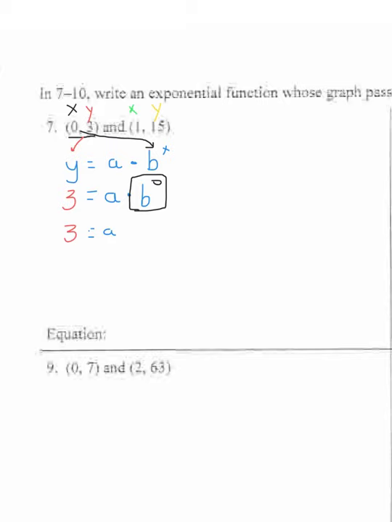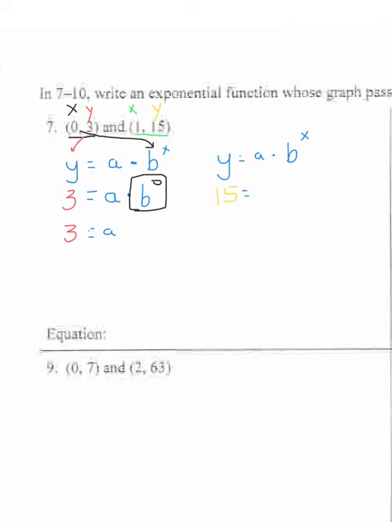So now that we've found a, we just need to find what b is. So we're going to write y equals a times b to the x again, but this time we're going to use the other ordered pair. We're going to use 1 and 15. So 15 equals, we do know what a is now.